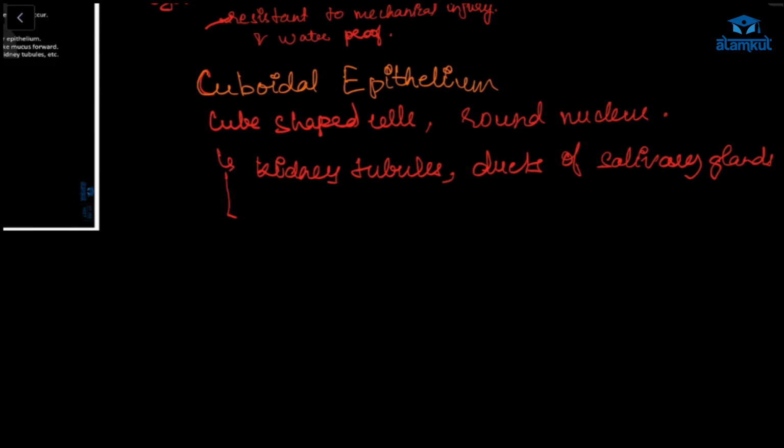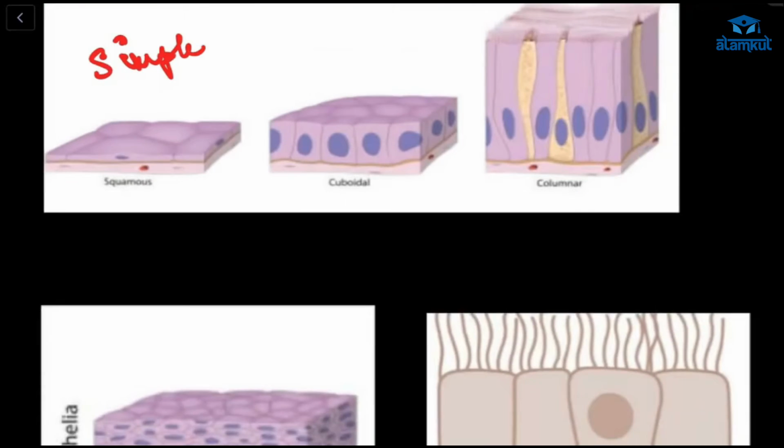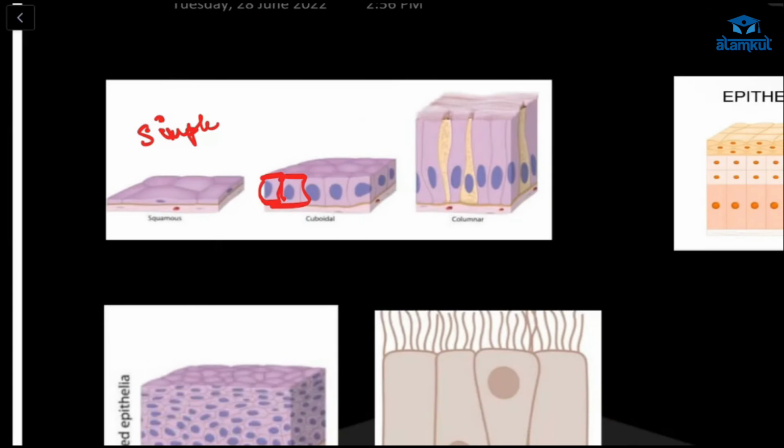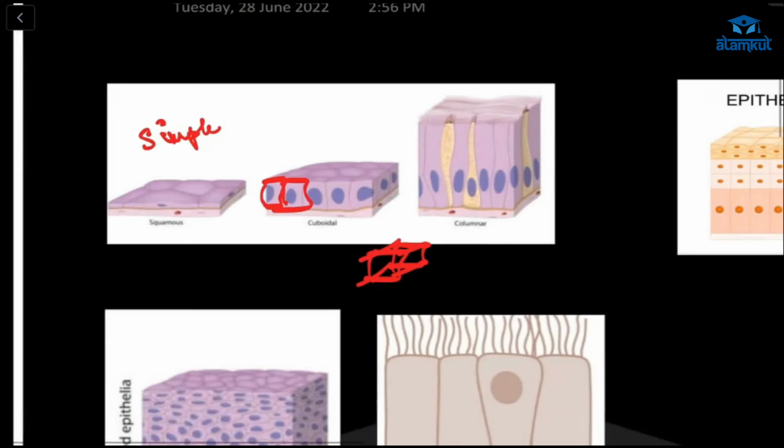And what is its function? They provide mechanical support. They also help in absorption, excretion, and secretion. This is our cuboidal tissue, tube-like structures. This is 2D, right? That's why it is showing like a square, but actually it is cuboidal.